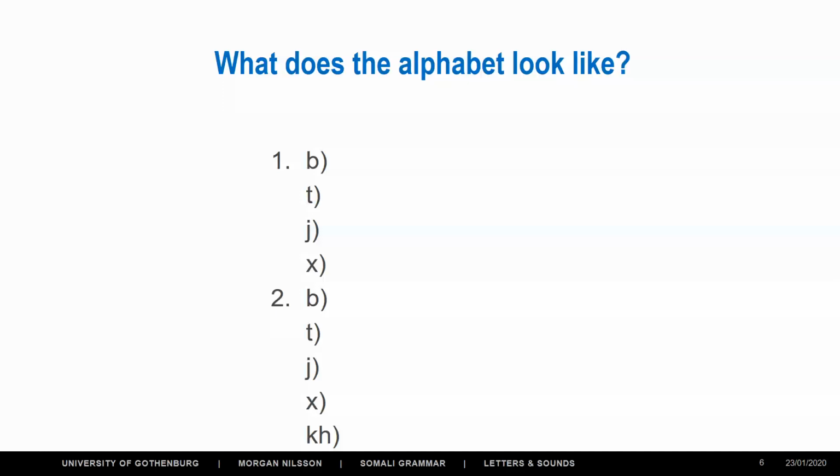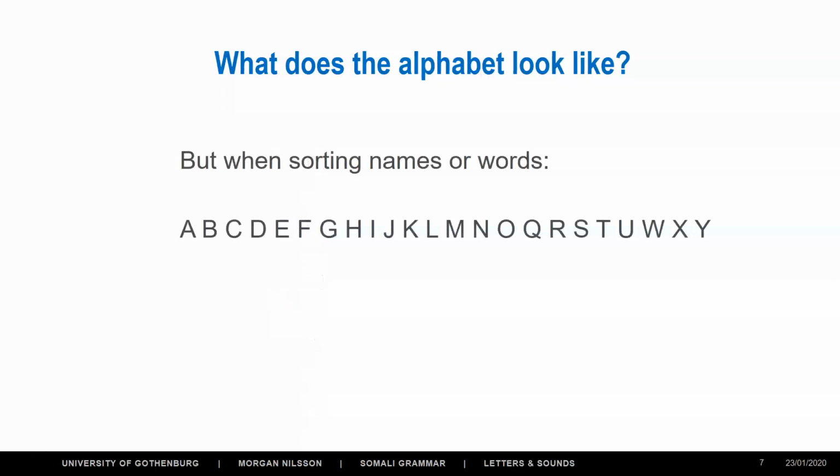So if there is a paragraph that has subsections, in English it would be 1A, 1B, 1C, whereas in Somali it's then 1 followed by Ba, Ta, Ja, Ha, and so on.